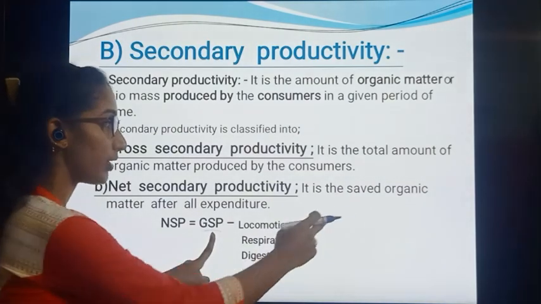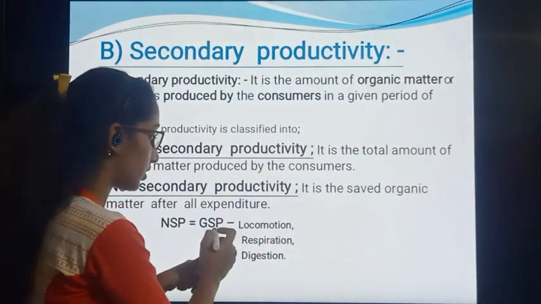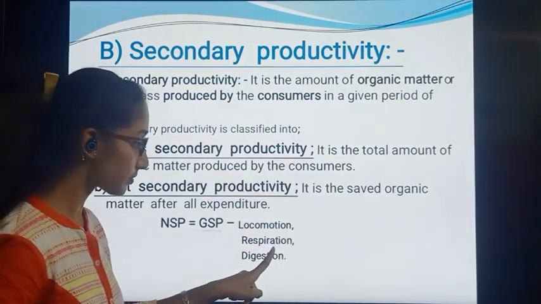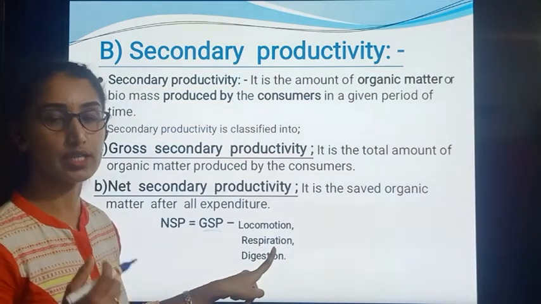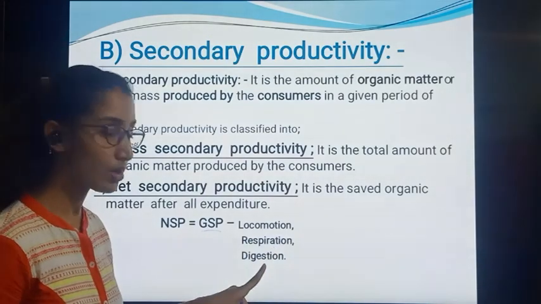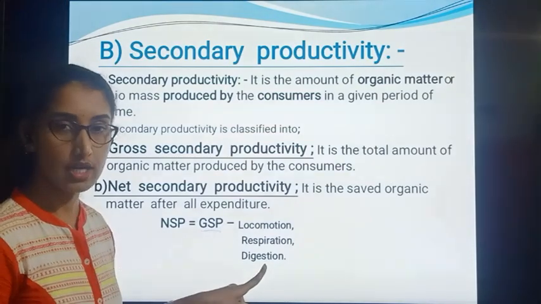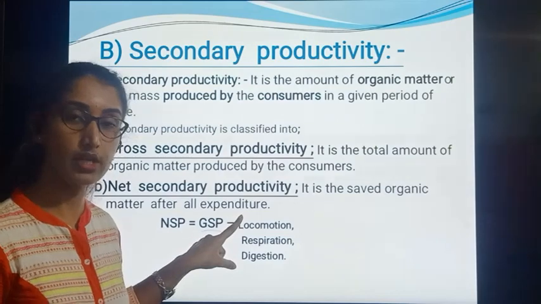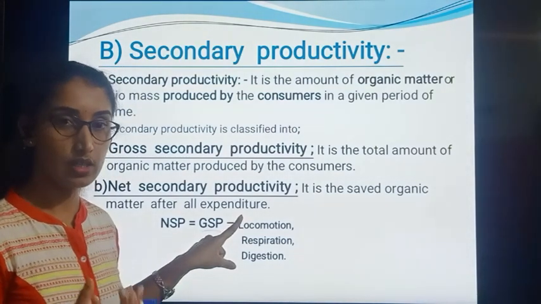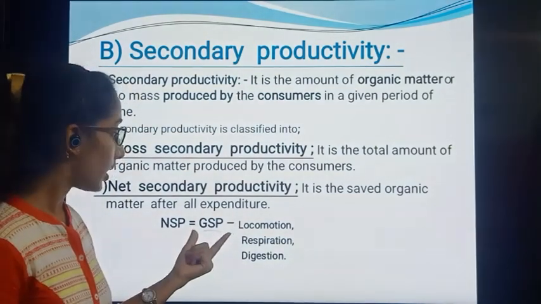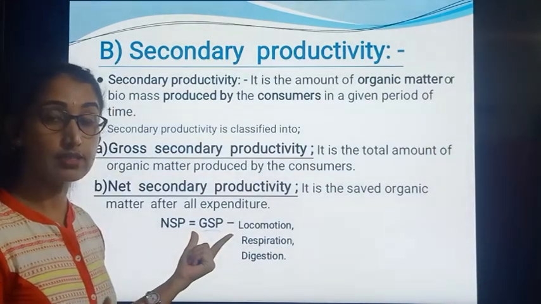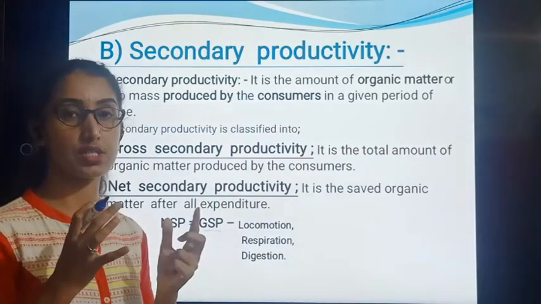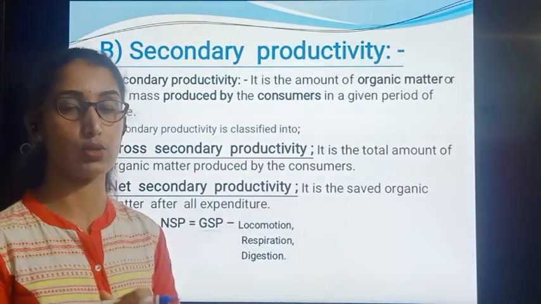It is also used during respiration, and during digestion. Like this, during various metabolic activities, organic matter is used from the total organic matter produced by the consumer.